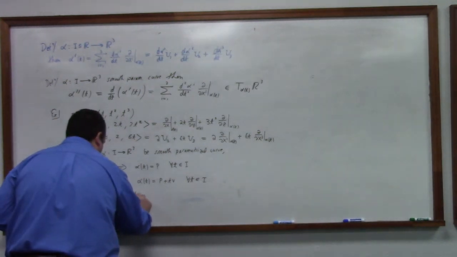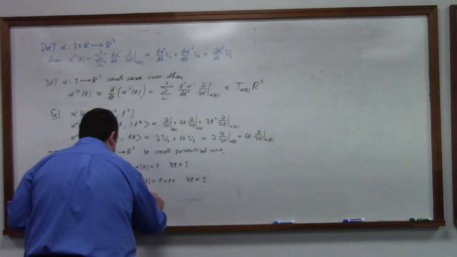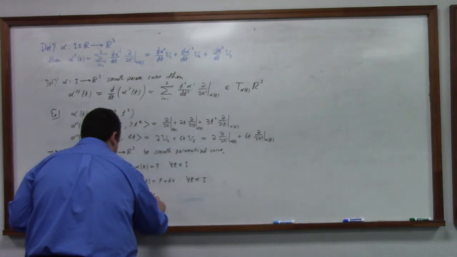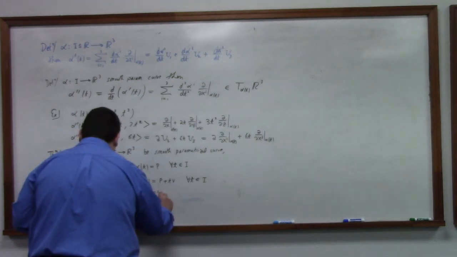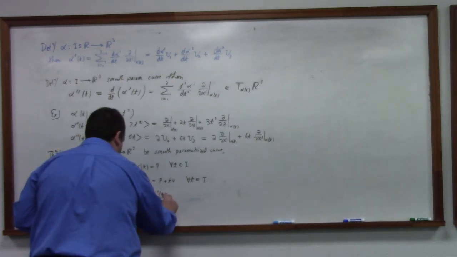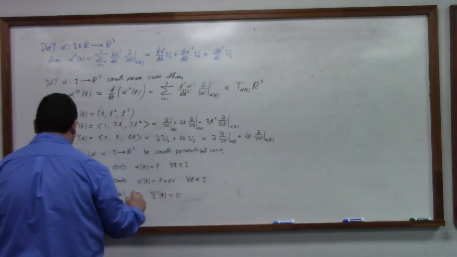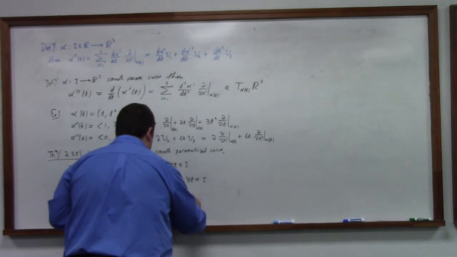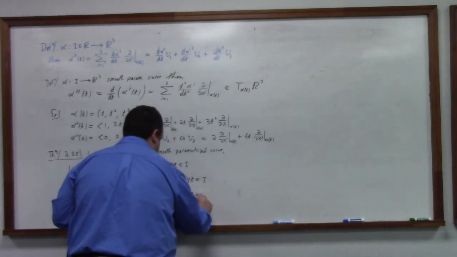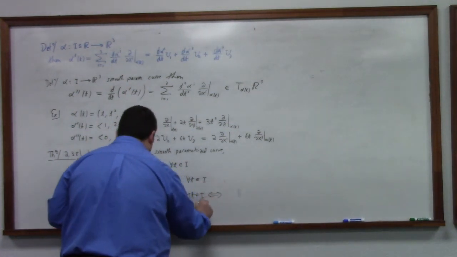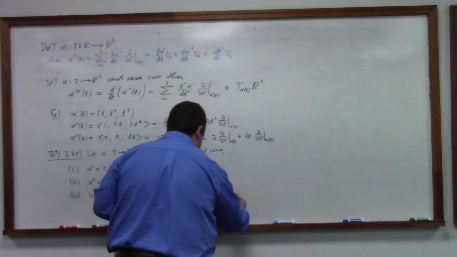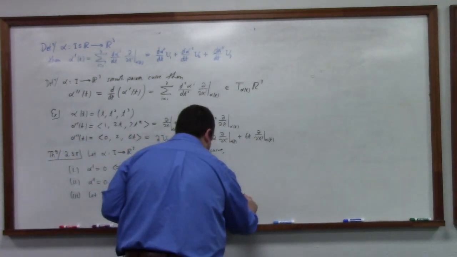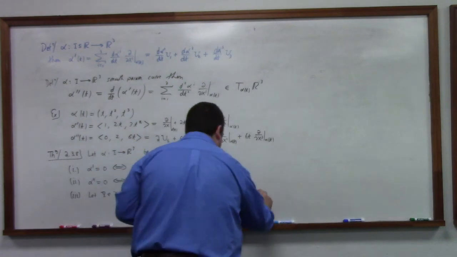Then the derivative of y along alpha, in other words y prime of t, is equal to 0 for all t in I if and only if y composed with alpha is constant.